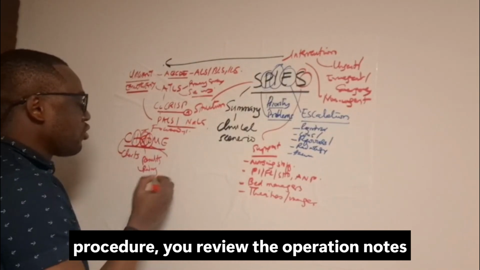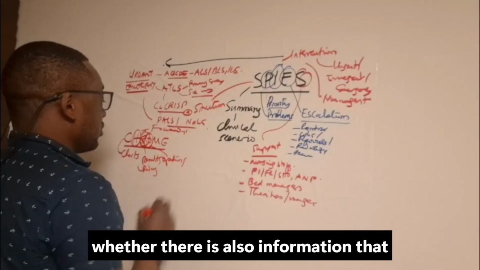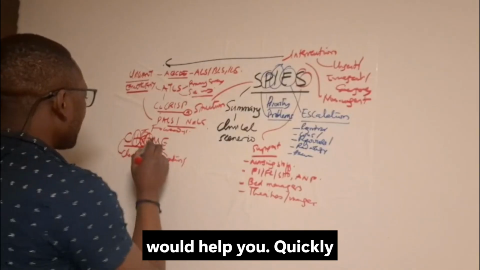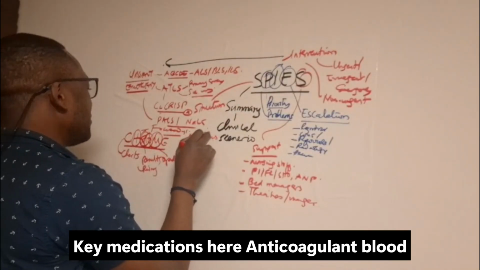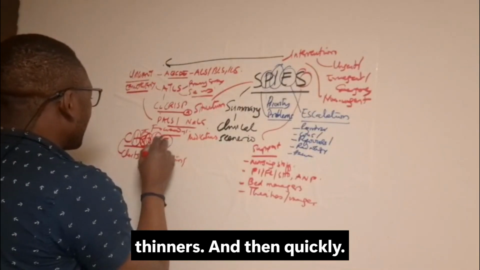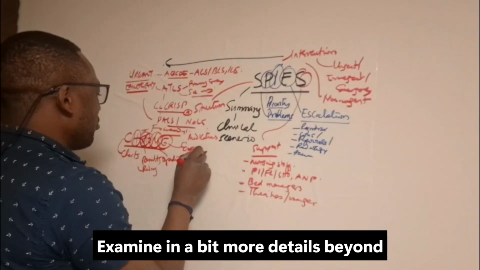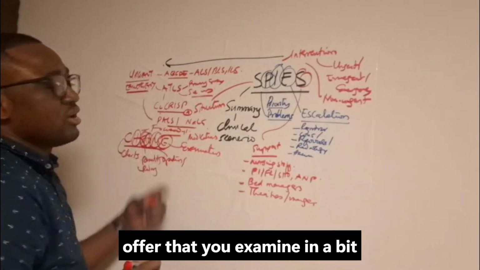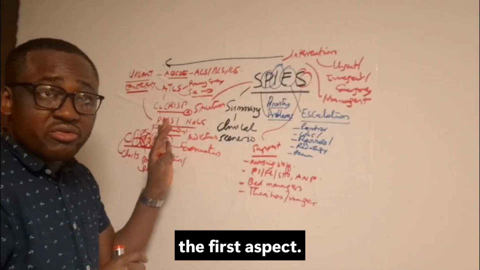If they've undergone an operation or procedure, you review the operation notes, whether there is some information that would help you. Quickly review their medications. Key medications here are anticoagulants, blood thinners. And then you examine in a bit more detail beyond what you've done in the first aspect.